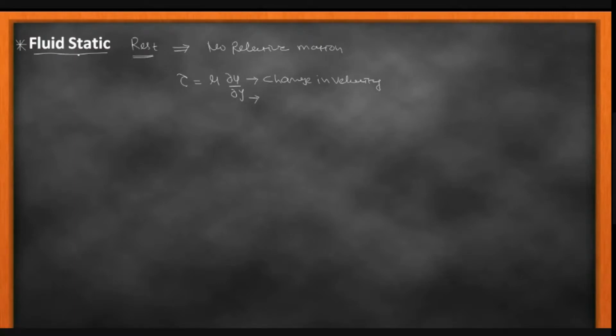Now we have studied the behavior of fluid at rest, meaning there is no relative motion. Suppose this is the first layer and this is the second layer, there is no relative motion between the different layers of fluid, and that's why the du component becomes zero. So tau equals mu times zero, which implies that the shear stress acting in the fluid is zero.